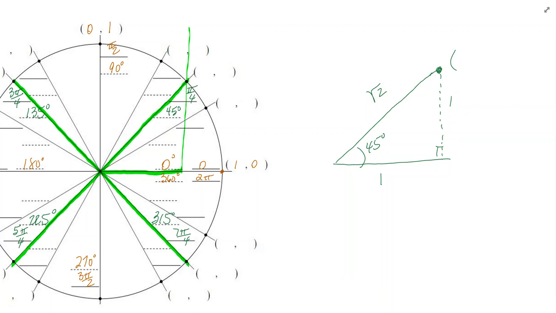I can do that by dividing by the square root of 2. Square root of 2 divided by the square root of 2 is 1. But I can't just do that to this hypotenuse of the triangle. I would have to do it to every leg and every side of that triangle, because you have to keep it balanced, right?